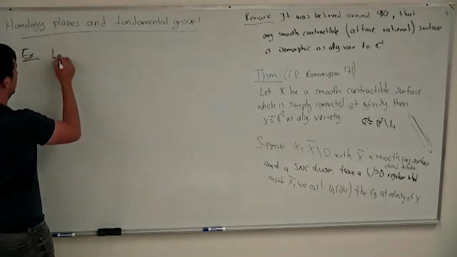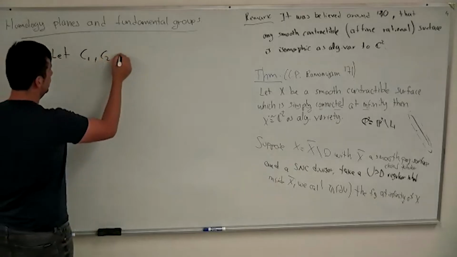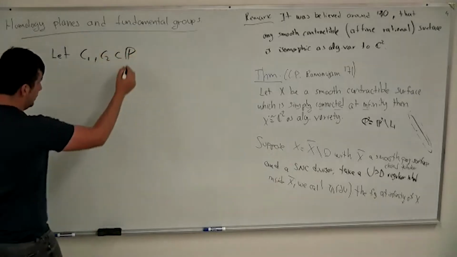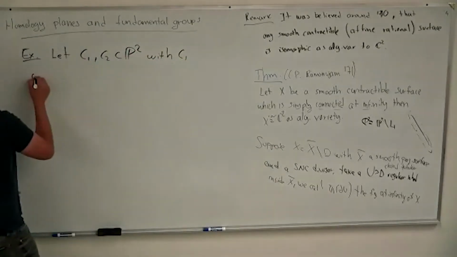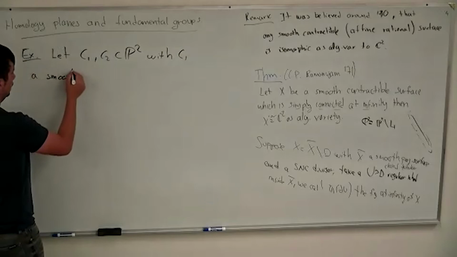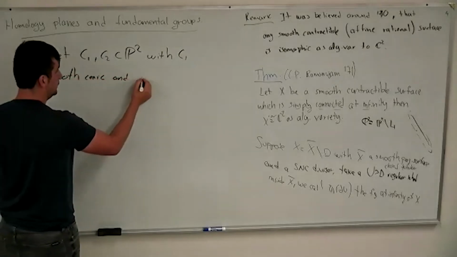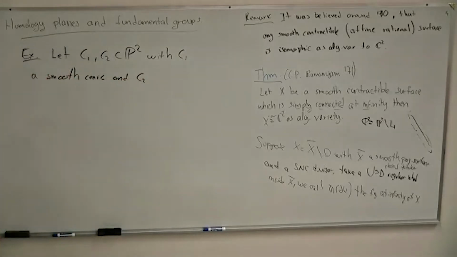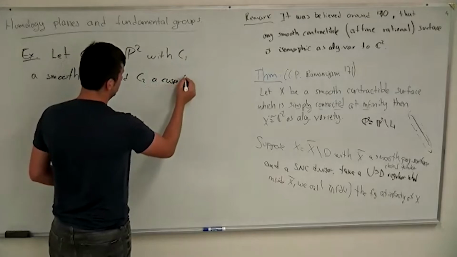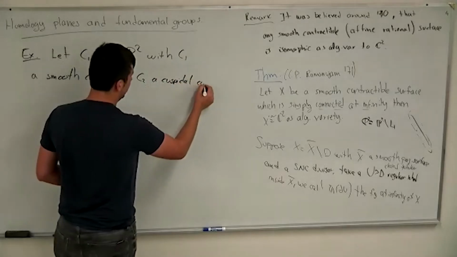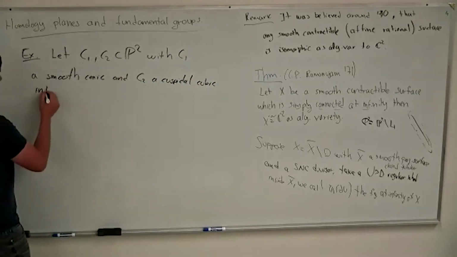Let's consider C1 and C2 be plane curves, with C1 a smooth conic and C2 being a cuspidal cubic, intersecting in the following way.